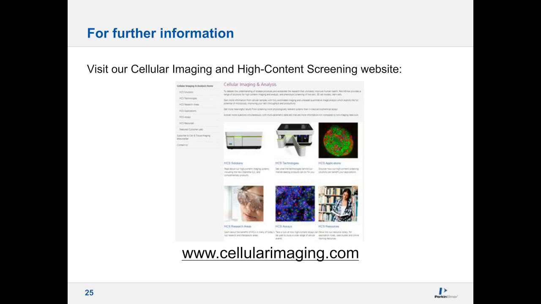The answer to this is actually yes. Harmony software uses an approach which we call the building block approach, which enables users to easily assemble specific protocols for specific assays.